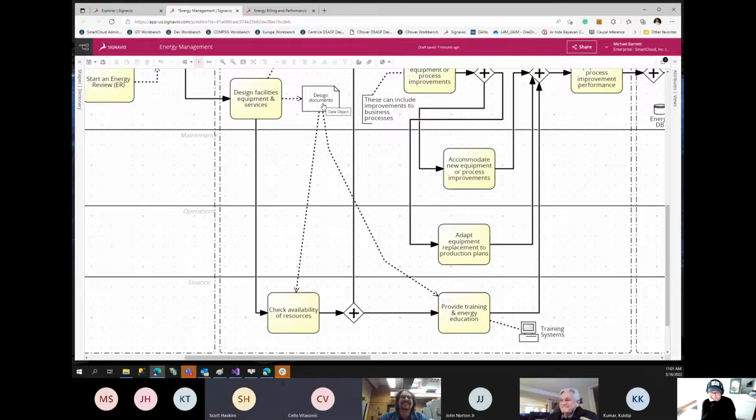Scott has his hand up. Yeah, going back to Eric's comment, and real good comments, David. I think David and George have been spending quite a bit of time in that planning space too. But this talks about designing facilities, equipment, and services.